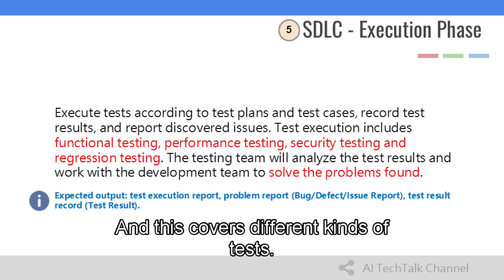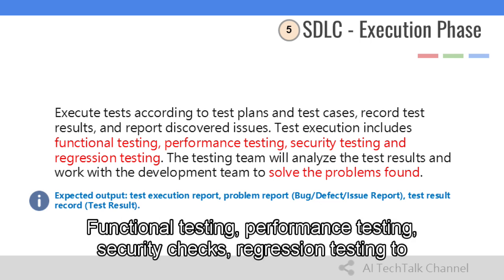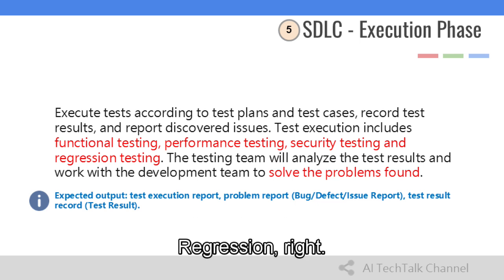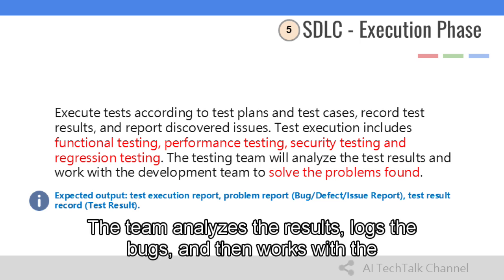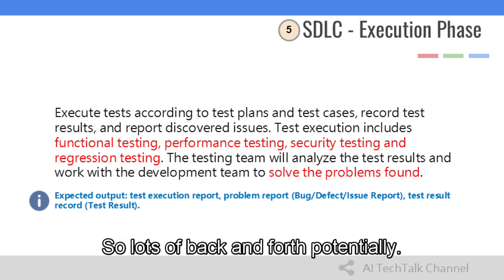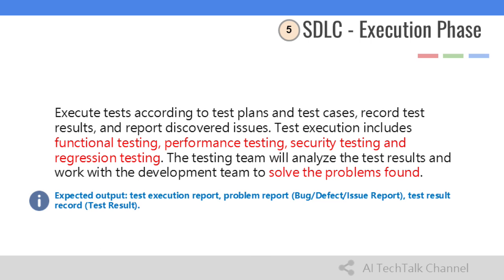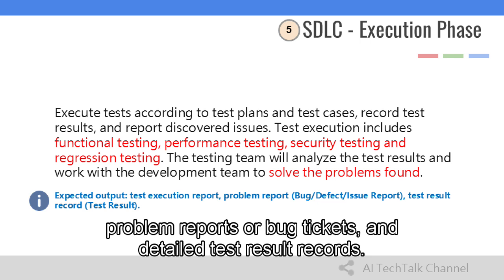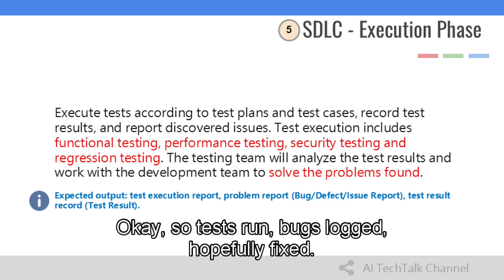This covers functional testing, performance testing, security checks, and regression testing to make sure fixes didn't break anything else. The team analyzes the results, logs the bugs, and works with the development team to get those issues resolved. Key outputs are the test execution reports, the problem reports or bug tickets, and detailed test result records.